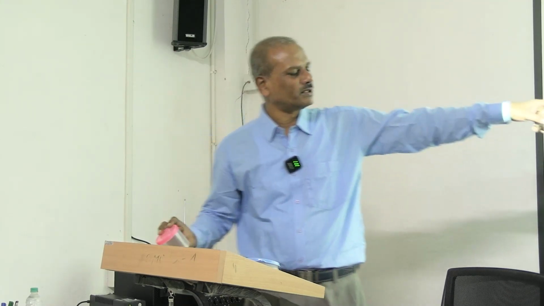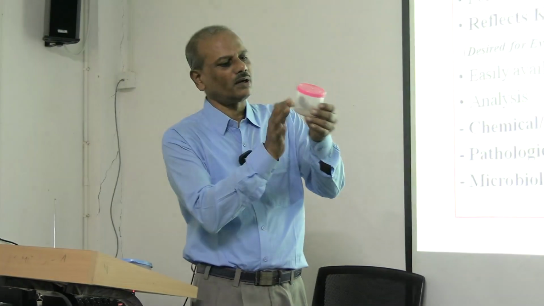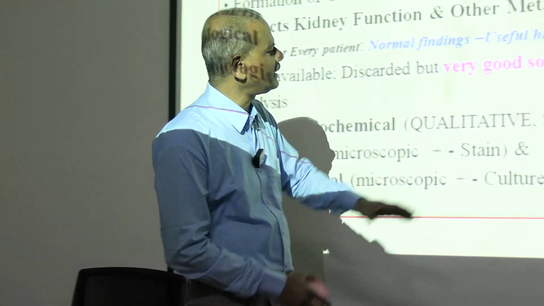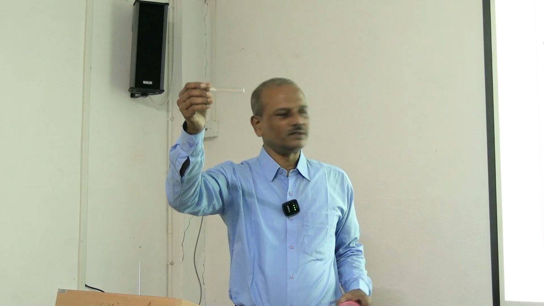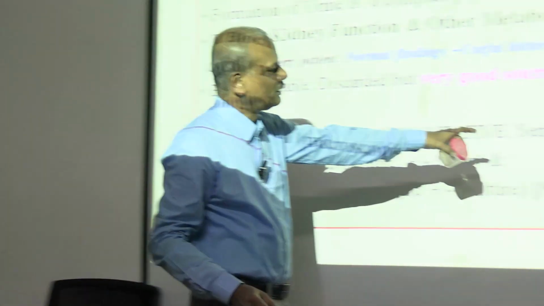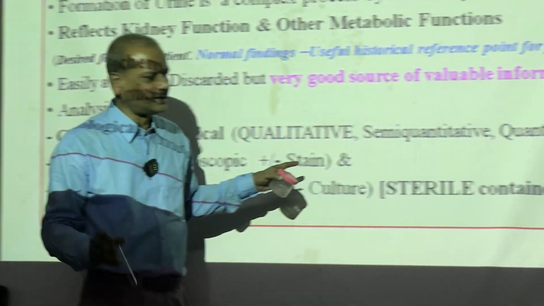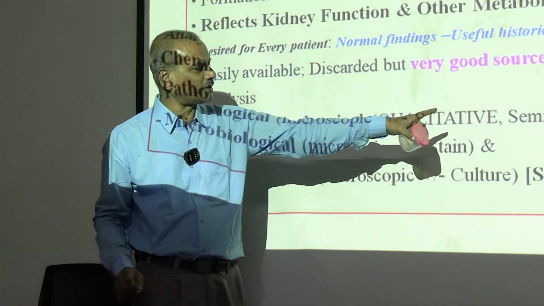You can say the weight might be about 20 grams, but the exact weight requires a weighing machine, and that is quantitative. The approximate weight is semi-quantitative. Suppose this test tube, you will have some idea about its weight from visual experience, that is semi-quantitative. You will do all three: qualitative, semi-quantitative and quantitative.